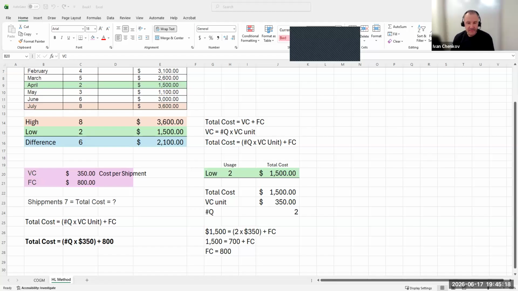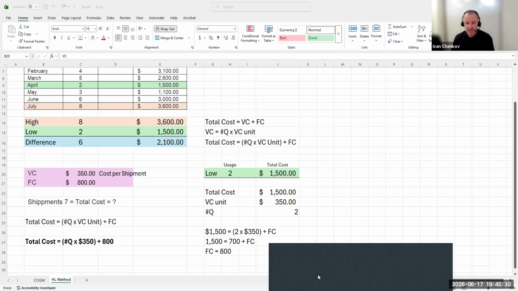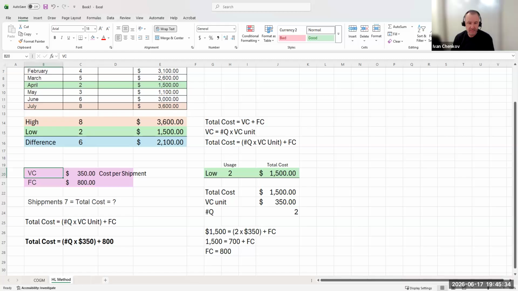Now, another thing that you will have to do on the exam. Do you remember anything about the traditional income statement and the contribution format income statement?